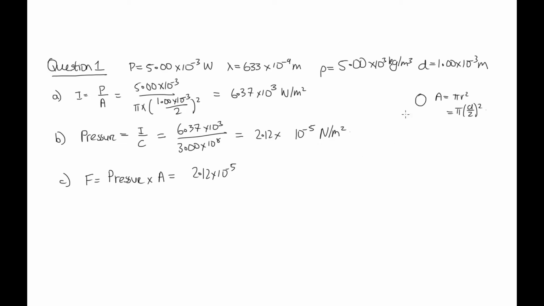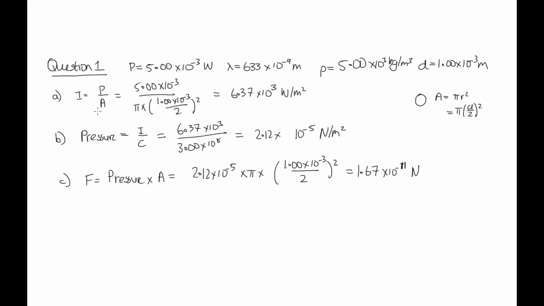And then we discussed how to calculate the area over here, pi times the diameter squared on 2. So this is times pi times 1.00 times 10 to the minus 3 over 2 squared. And so solving this, we end up with this is equal to 1.67 times 10 to the minus 11 newtons. Okay, so let's look at how this would be marked now.